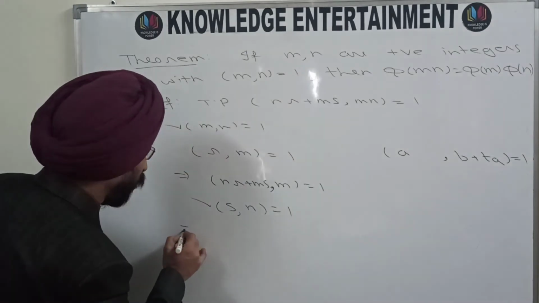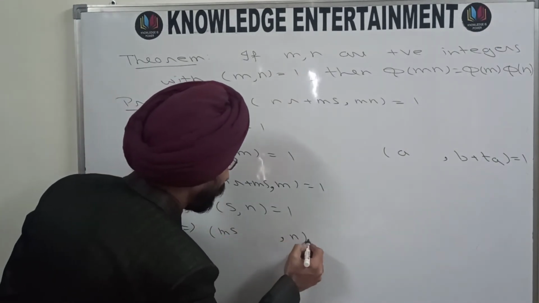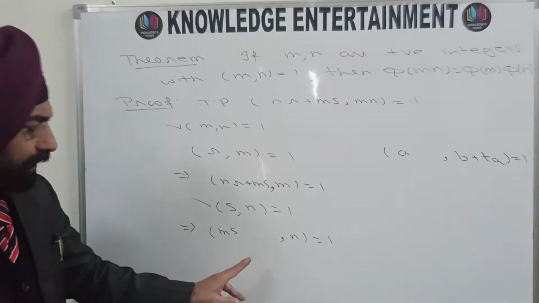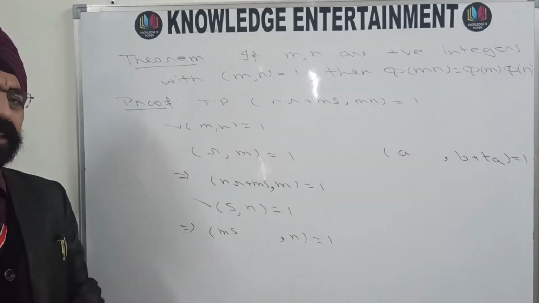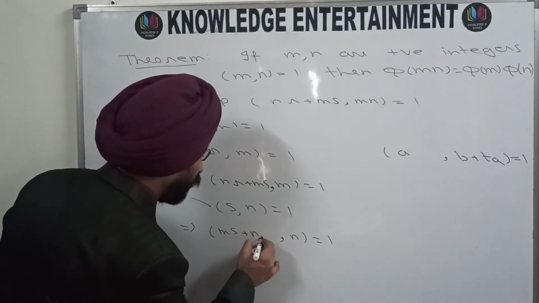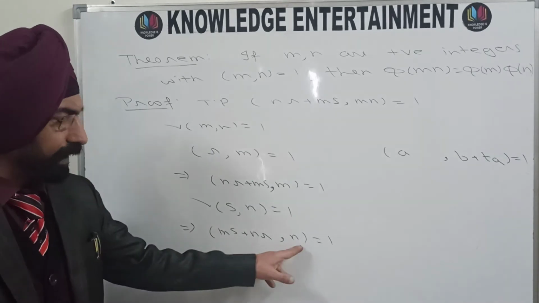That means GCD of mS and n is 1. Once again, using the fact here, if you add any multiple of n to this, the GCD will still be 1. So you add a multiple nR of n to mS. So GCD of mS plus nR with n is 1.